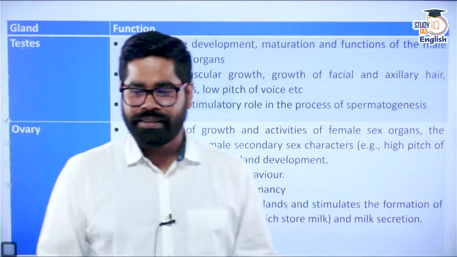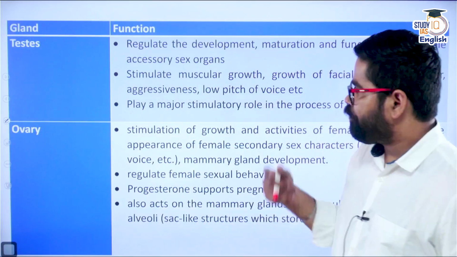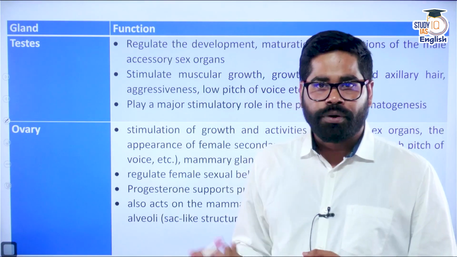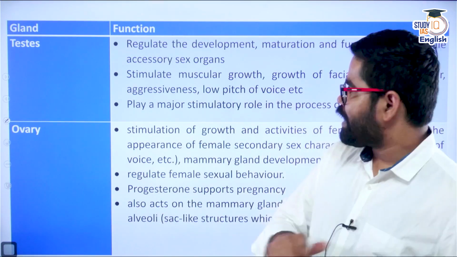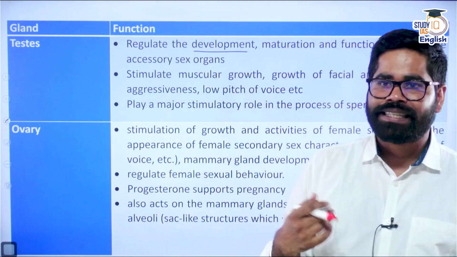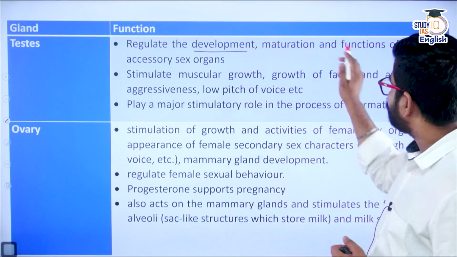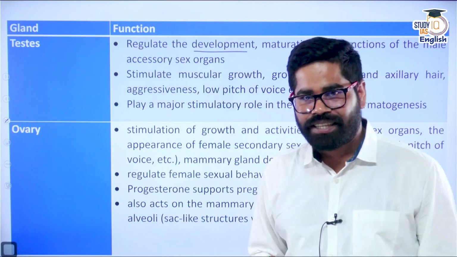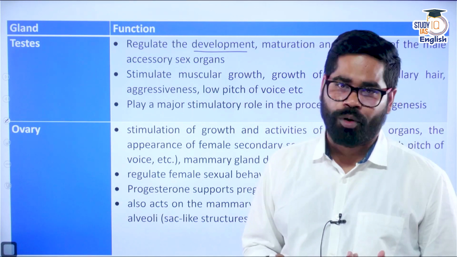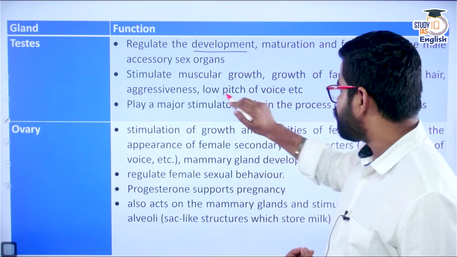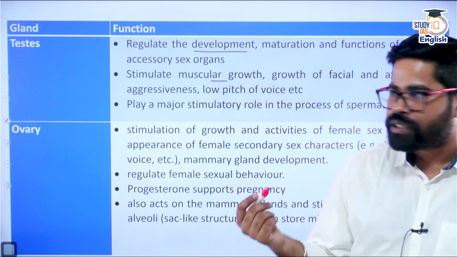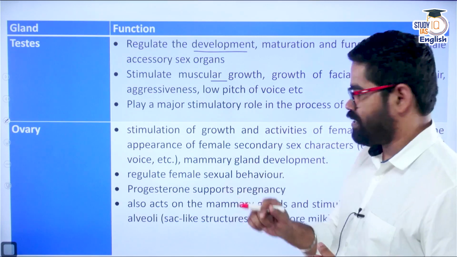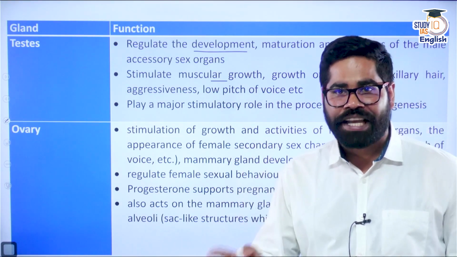Then, if we talk about another important gland, that is the testis. So what is its role? Basically, it is responsible for the development and maturation as well as functioning of the accessory or secondary sex organs in the male body. It is also responsible for muscular growth, growth of facial and axillary hair, aggressiveness, and also the change in the voice.